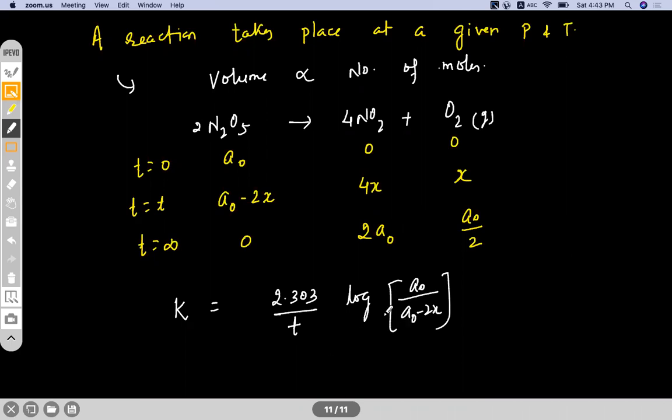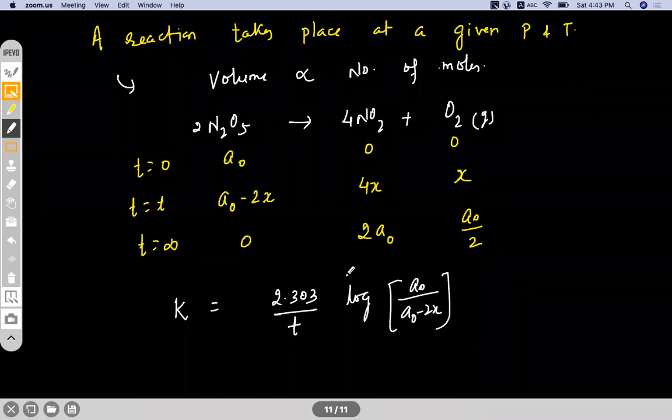Okay, this is in terms of concentration. Now, if you know how this A naught is related to the volume, and how this is related to the volume, we can write down the expression in terms of volume.